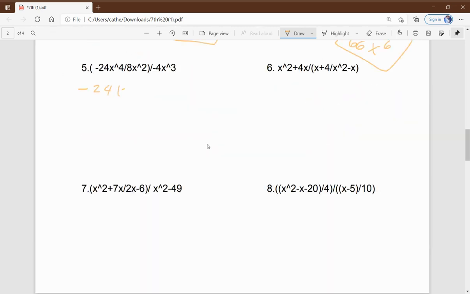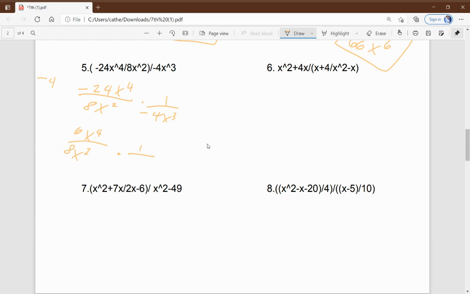Negative 24x to the 4 over x squared. Multiply that by 1 over negative 4x cubed. Cancel out by negative 4. You will get 6x squared over x squared, multiplied by 1 over x cubed.